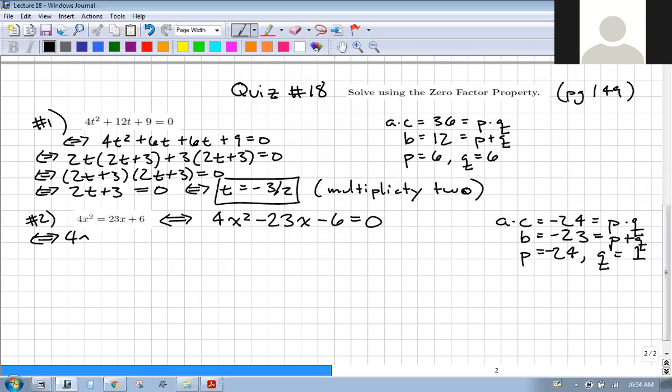So we'll rewrite negative 23x as negative 24x plus x. So let's see, we'll factor out a 4x. That gives us an x minus 6. And then this is 1 times an x minus 6.